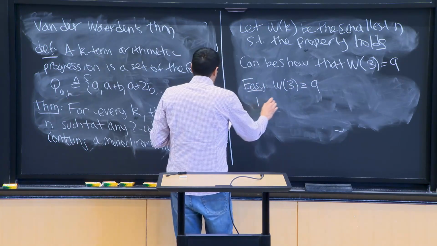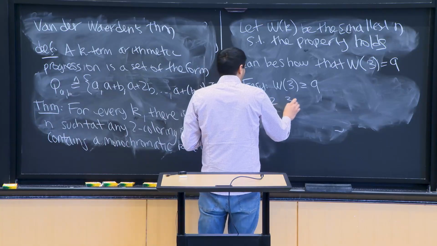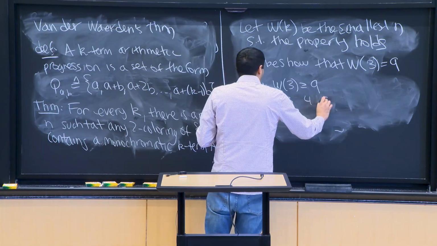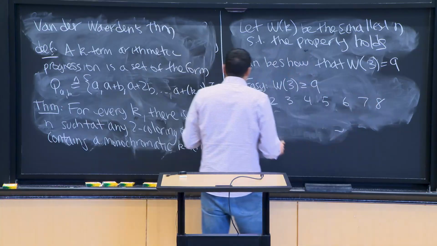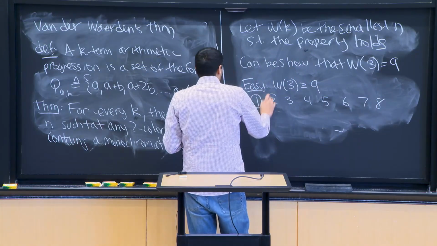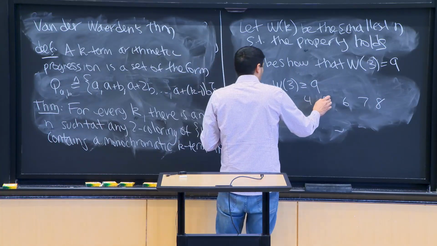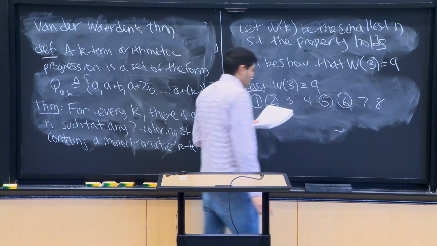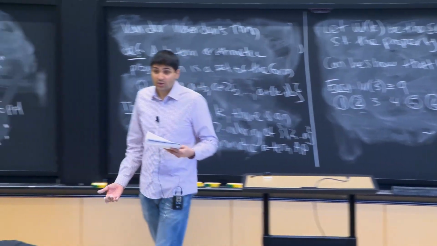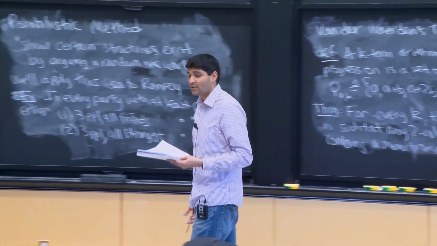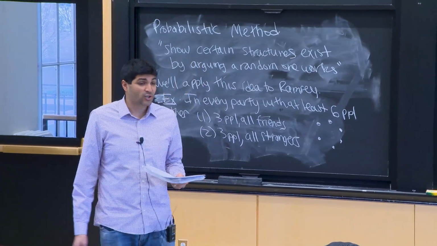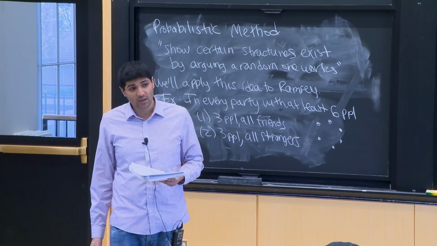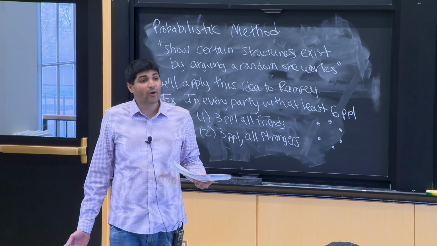The way that you do this is you just construct a valid two-coloring that avoids having a 3-term arithmetic progression. So for example, maybe all of these things I circle are red, and everything I don't circle is blue. You can check that this is a coloring of the integers from 1, 2, all the way up to 8, and you can just check by trying out different choices of A and B that there is no 3-term arithmetic progression.